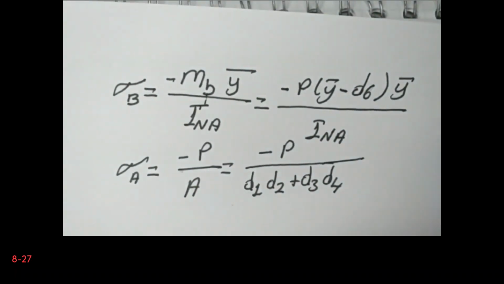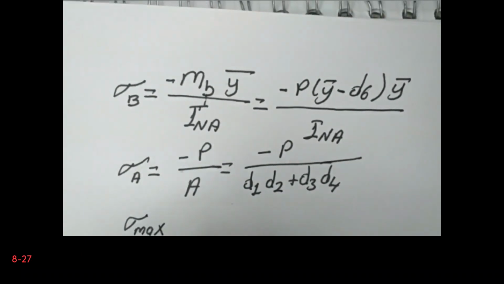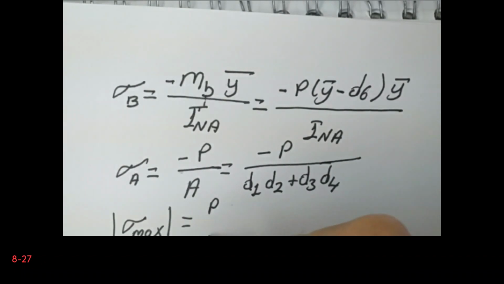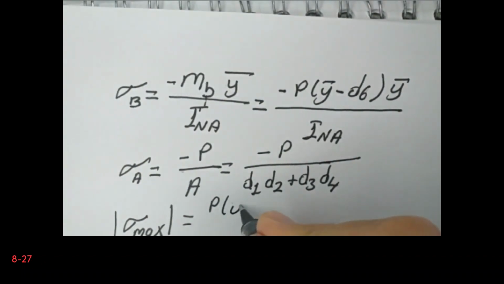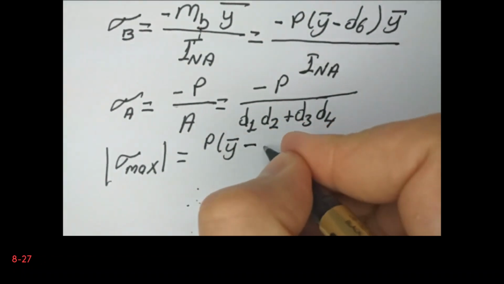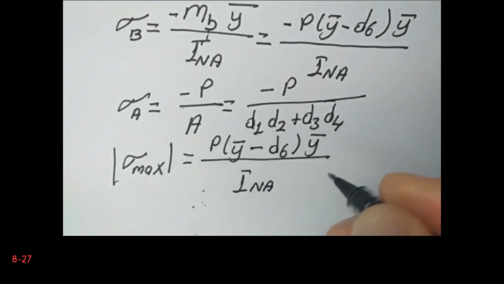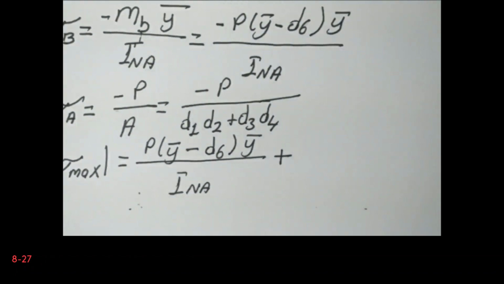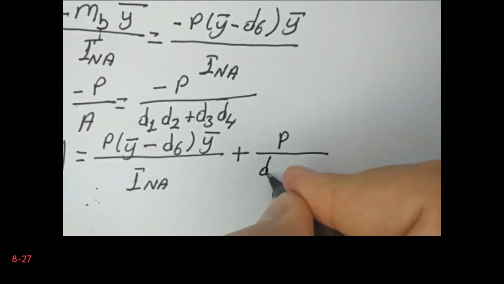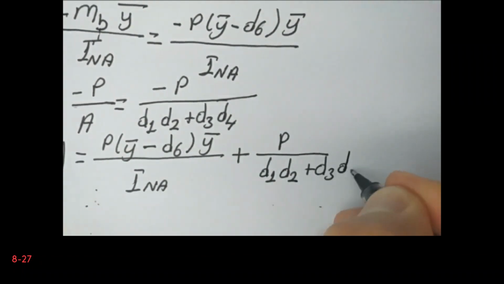So the absolute value of the sigma max is equal to P multiplied by y bar minus D6 divided by y bar divided by INA, plus P divided by D1 multiplied by D2 plus D3 multiplied by D4.